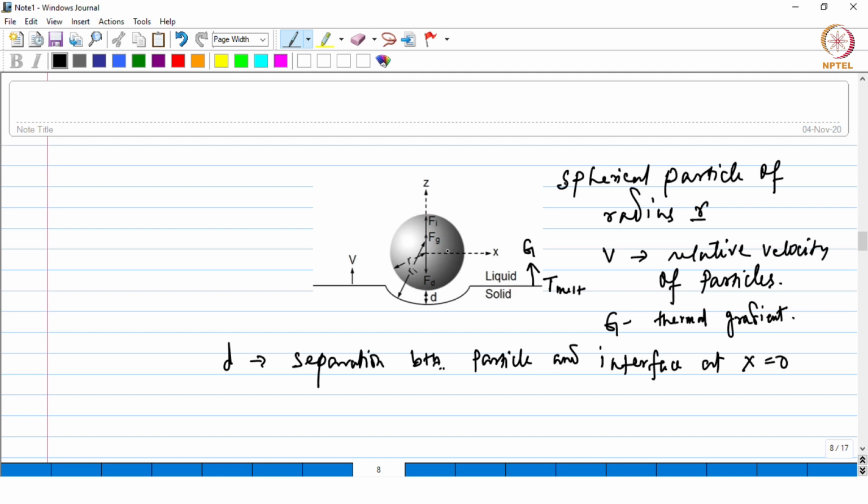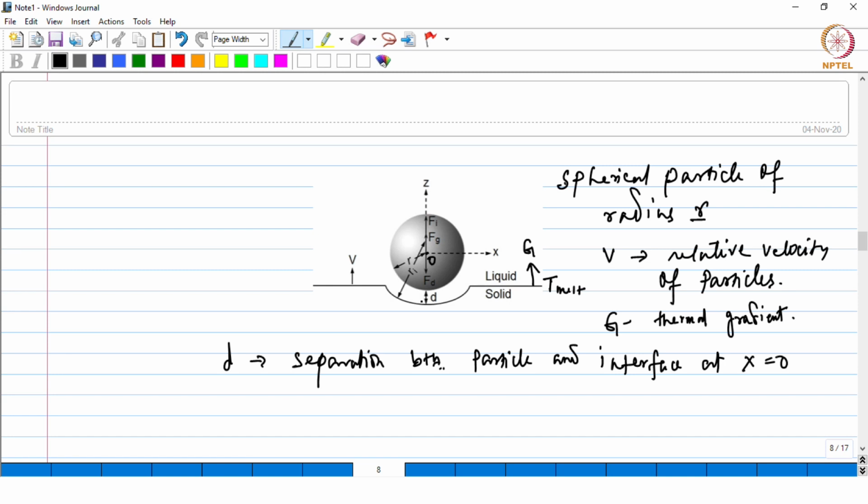So here is the x direction. This point is x equal to 0, right? So d is the separation between the interface and the particle at x equal to 0. Okay, so that's what you see in this diagram also.